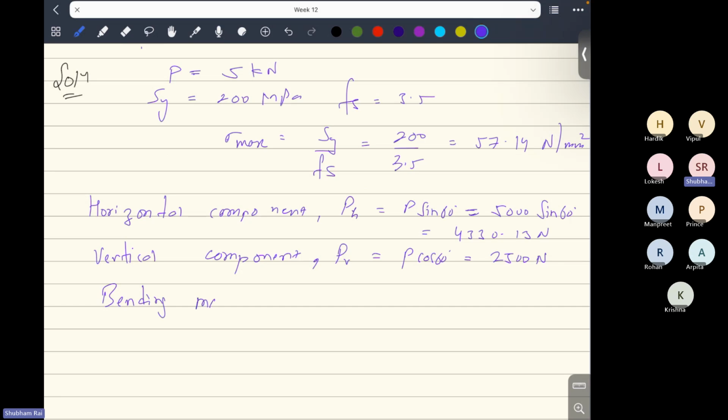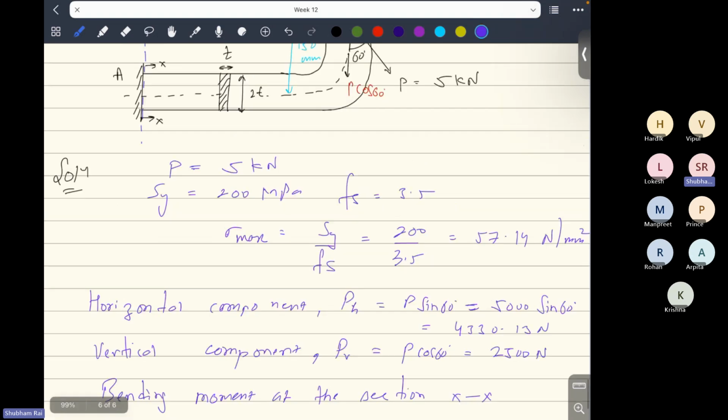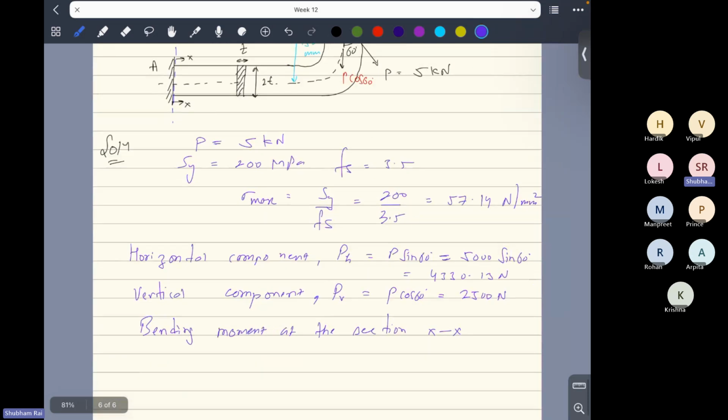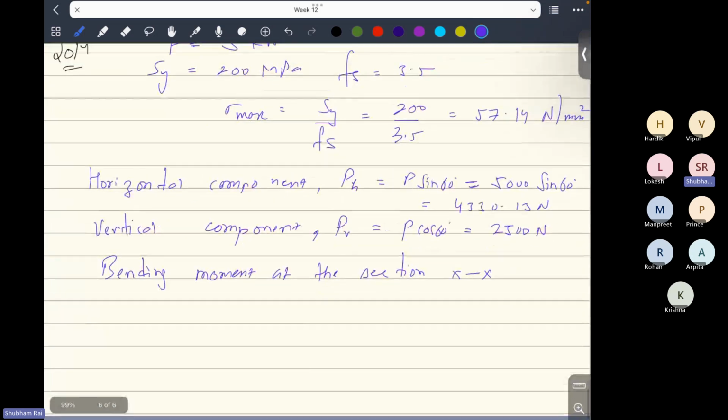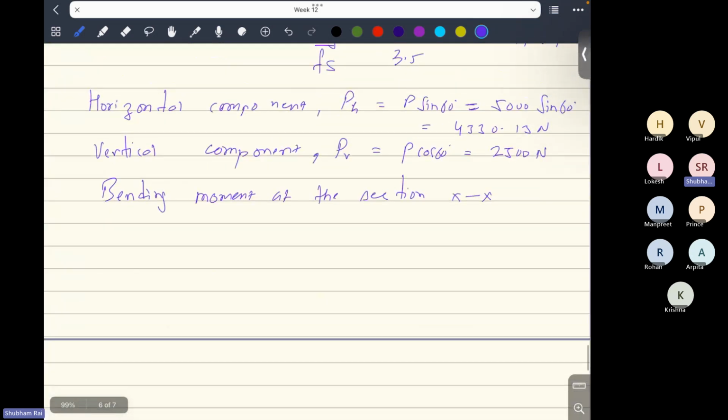So now we have the bending moment at the section XX that we have drawn in the figure. Here you can see the figure. Bending moment at section XX is given by MB, which is PV into 300 plus P horizontal into 150.